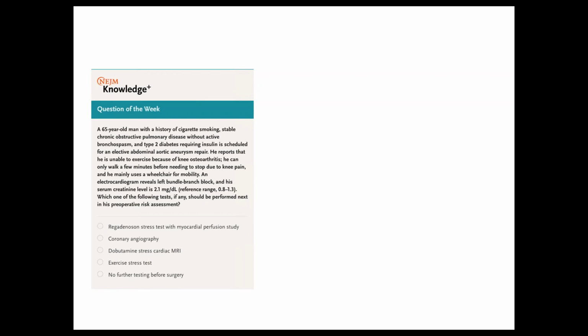Now, one of the things that older physicians know is that a 65-year-old man who has an atherosclerotic aortic aneurysm is going to have coronary disease. 99.9% sure. So why do I need a further test? And if I do coronary angiography, he might get contrast-related acute renal failure.